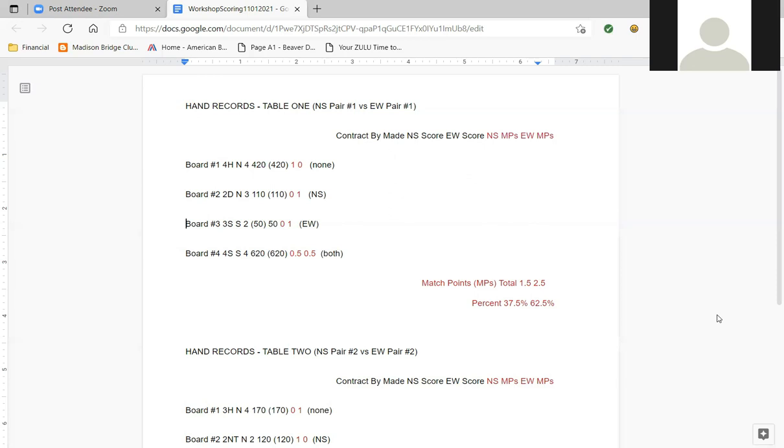Think about that for a minute. When you play duplicate bridge, you are playing the hand against one pair of people, and you are trying to do as well as you can, but they're not the pair you're trying to beat. You're trying to beat the people sitting at the table next to you who are sitting in the same direction you are. You're trying to do better than them. So the people you're playing your hand against are getting in your way.